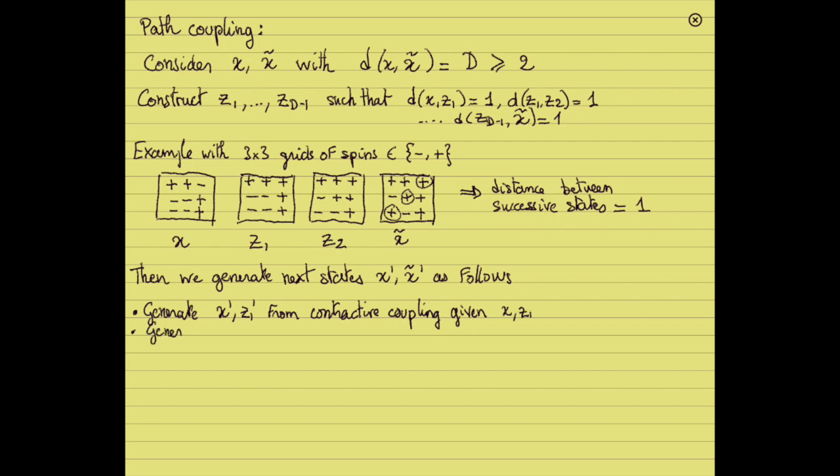So we assume that we have this contractive coupling, but that operates only when the states are adjacent. And we apply it to the successive states. So we generate Z2 prime from this contractive coupling, but we have already generated Z1 prime. So what we do is we sample from the conditional distribution under this contractive coupling, given Z1 prime, and also the coupling is defined given Z1, Z2.